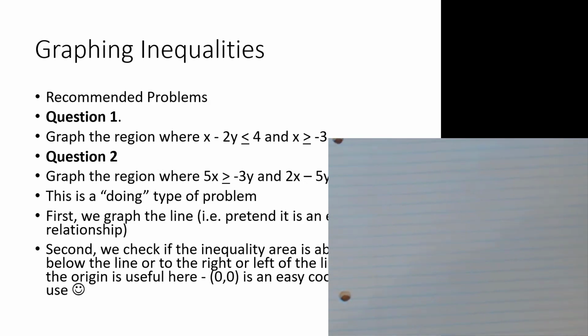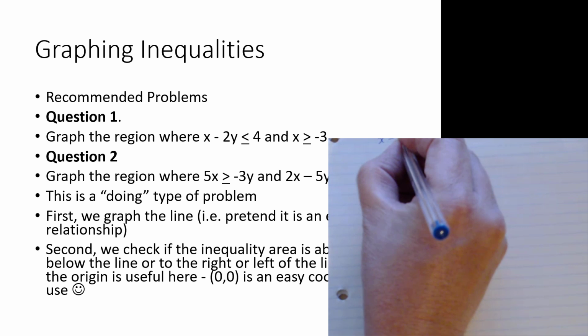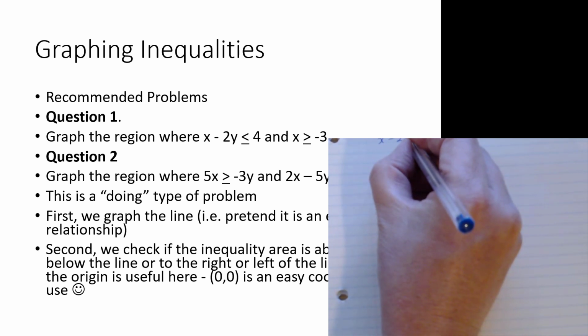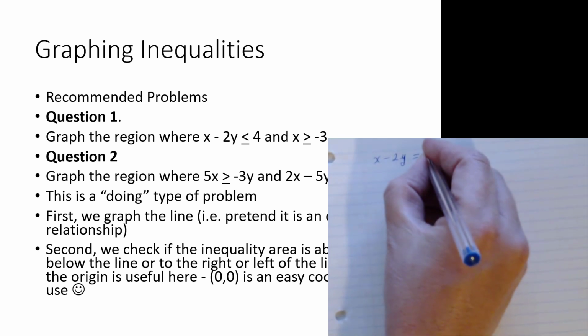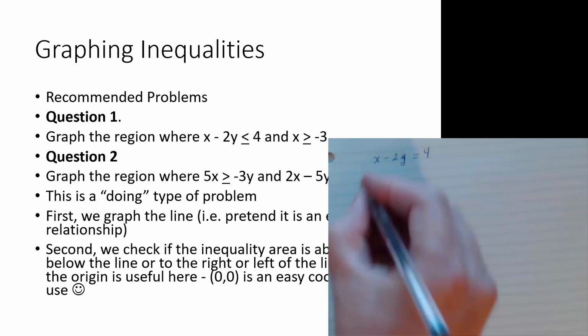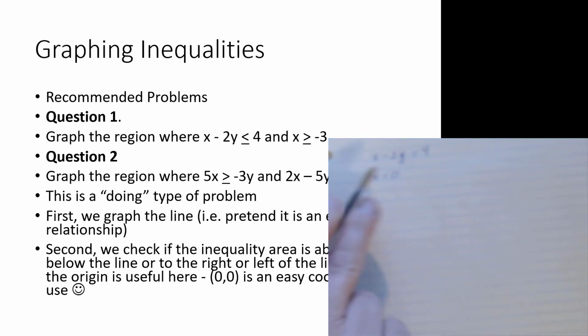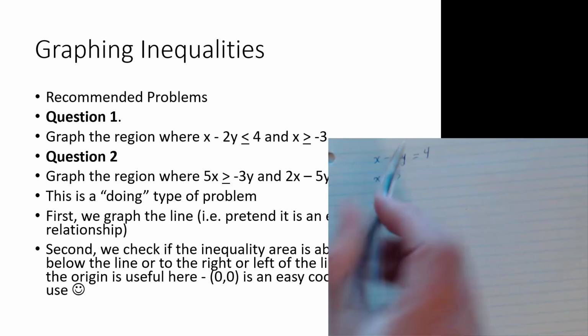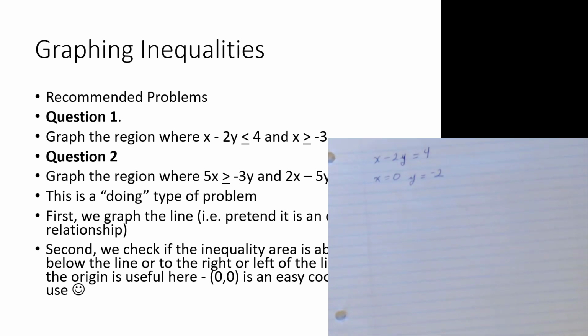So question 1 proceeds very similar to what we were doing before. We're going to need to draw some lines. So if we look at x minus 2y, now I'm going to draw the line first, and all the line means is I ignore the inequality. I need to know where it equals 4. Okay, and so I'll find the intercepts like we did before. x equals 0, minus 2y equals 4, which means y equals minus 2.